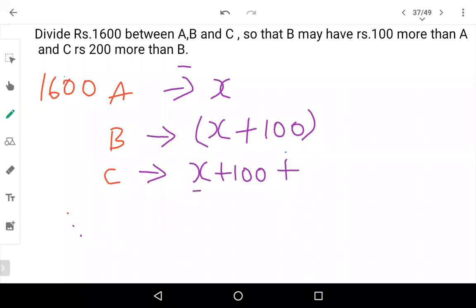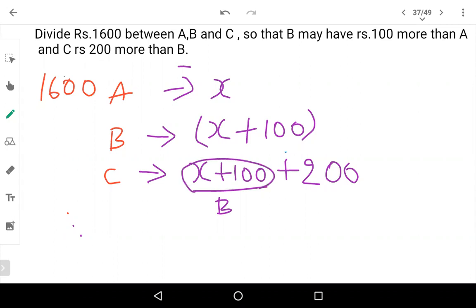For this B amount, I'm going to add extra 200. So, that is going to be X plus 100 plus 200. So, this is B's amount. For this, I'm going to add 200 rupees extra. So, that will be C's amount. So, in the question, that's what they've given. It says C rupees 200 more than B. So, did you all understand how to define?